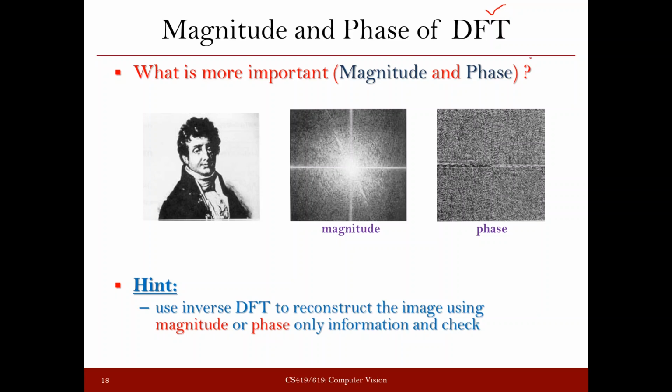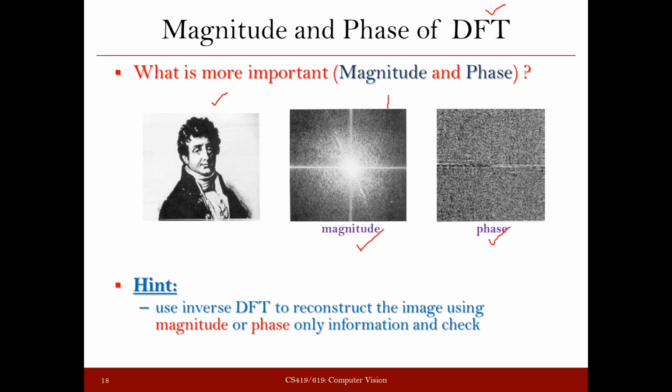There is one very easy way to visualize which one is more important. From the given image, you first compute its Fourier transform and get its magnitude spectrum and phase spectrum. Then from these, you get back the original image considering only one of them.